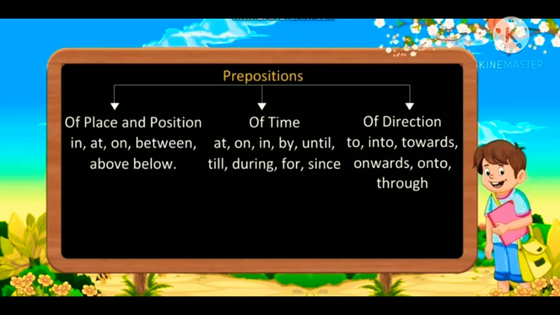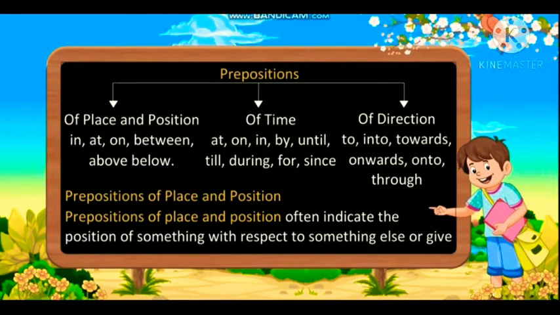Preposition of direction: to, into, towards, onwards, onto, through. Now let's explain these kinds one by one along with some more examples and let us know about their usage in a sentence.